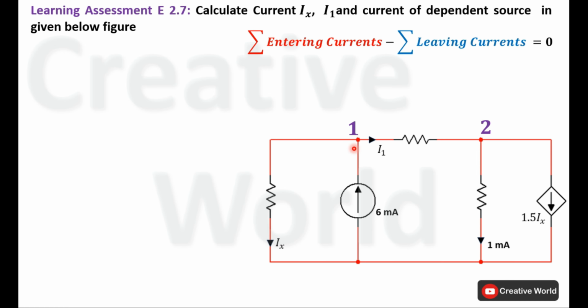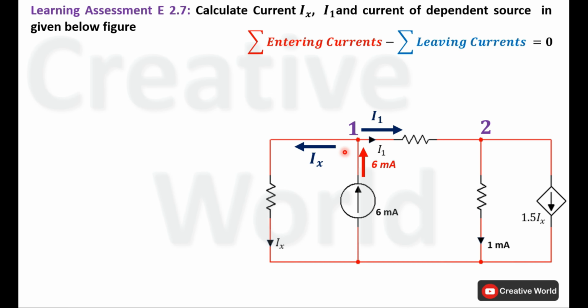At this node 1, first we have to identify all the entering and leaving currents on this node. So at this node only one current is entering, that is 6 milliampere, while the other two currents I1 and Ix are leaving from this node.